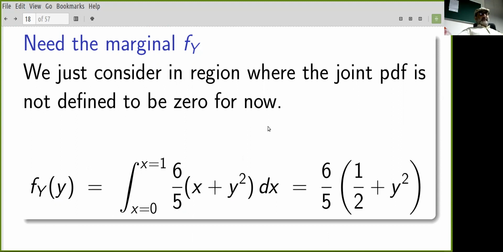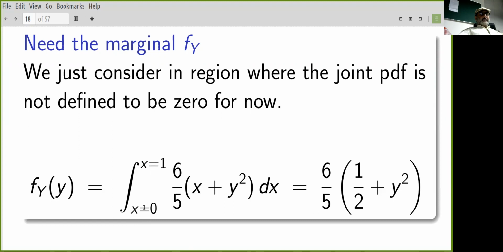and in principle, you integrate out the x, so x would go from minus infinity to infinity, but we're only going to consider the points where this would not be 0, and that's where x and y are both in the unit square. So x varies between 0 and 1.